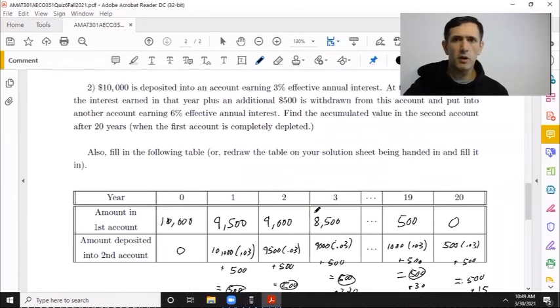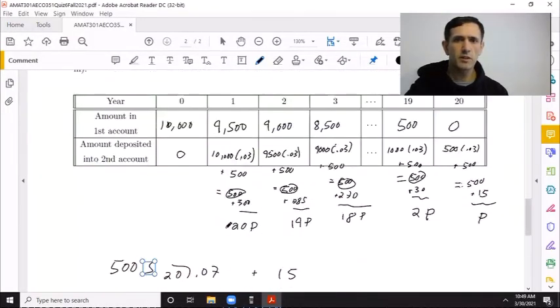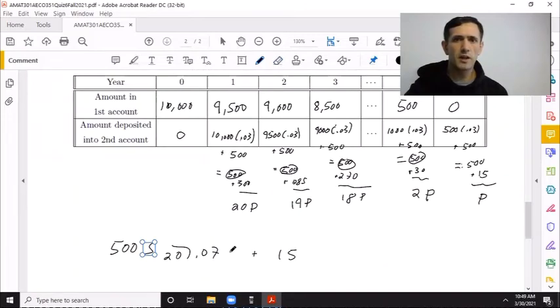And sorry, it's 0.06 is the interest for the second account. So it's not 7, 6. So remember, like homework and the lecture, all I need the 3% for is to figure out how much is deposited into the second account each year. Okay? It doesn't play a role in my annuity formulas directly.